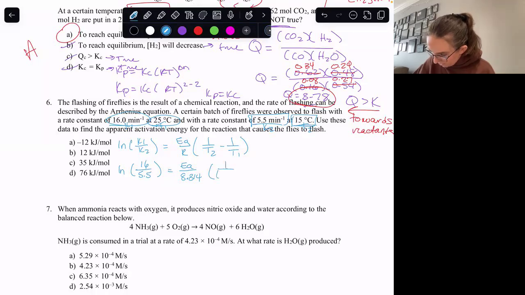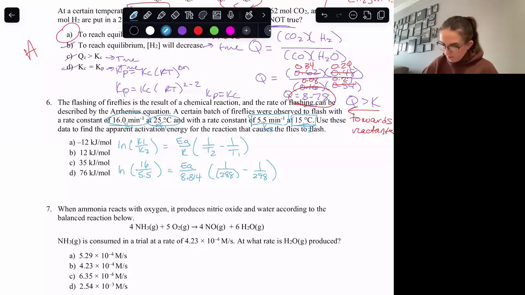Then we have 1 over T2, which we said is 15, that we need to change to Kelvin. So it'll be 1 over 288 minus 1 over 298. And then, let me pull up my answer key.